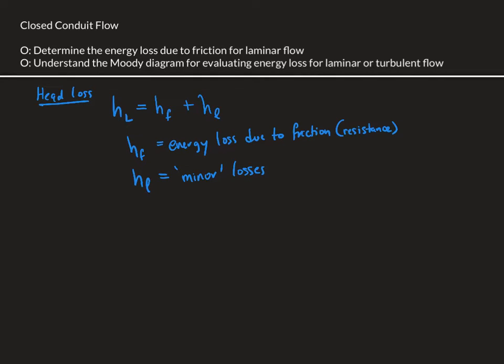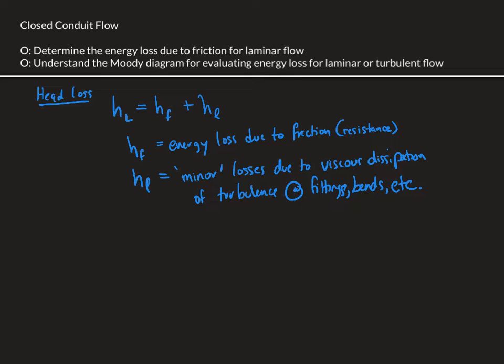Okay, and these are going to be due to what we call viscous dissipation of turbulence. Okay, so this is really what's happening at fittings, at bends, at basically any kind of thing that causes a disruption to the flow.